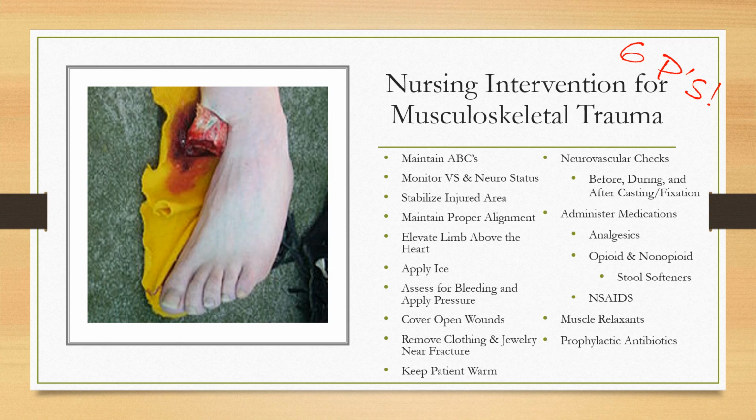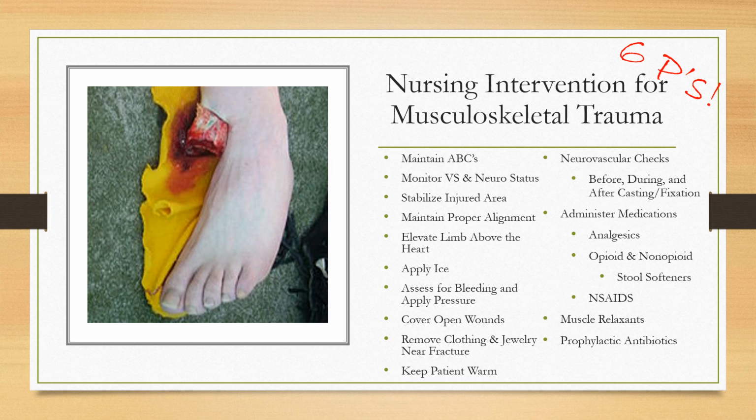Removing clothing and jewelry near fractures. Typically in a trauma, we're going to remove all clothing, because in the end we're going to do a head-to-toe examination, right? So we typically remove all clothing and jewelry to do a full exam, making sure that the patient is warm. So let's just go back up to A, B, C. So it's actually A, B, C, D, E is what we use.